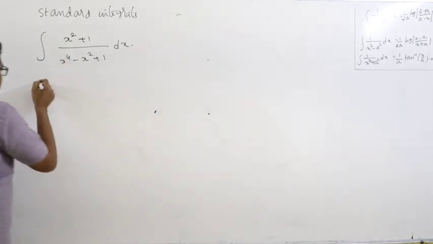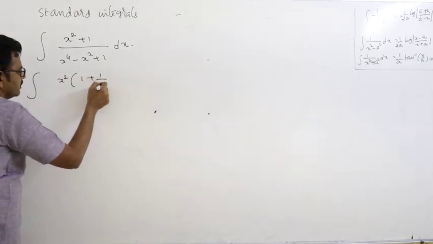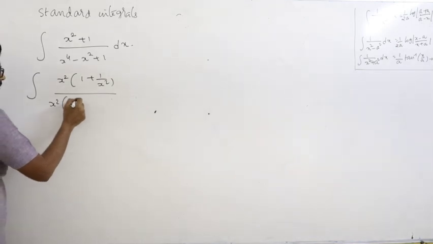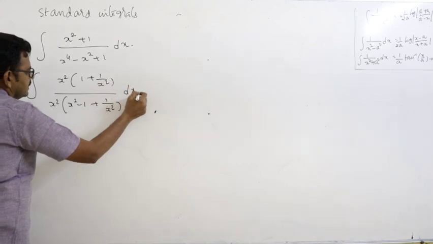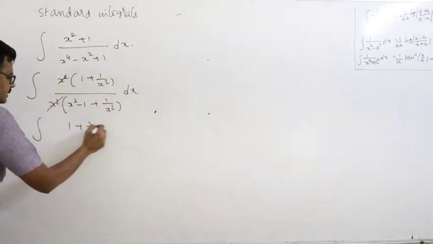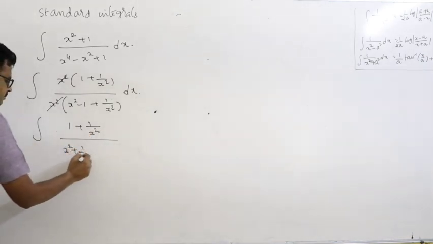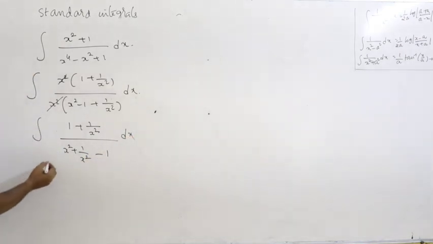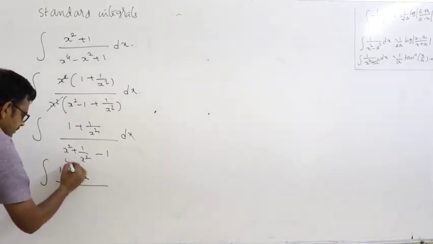This is equal to integral x square common 1 plus 1 by x square, there also x square common, x square minus 1 plus 1 by x square dx. So these get cancelled. Integral 1 plus 1 by x square by x square plus 1 by x square minus 1 dx.